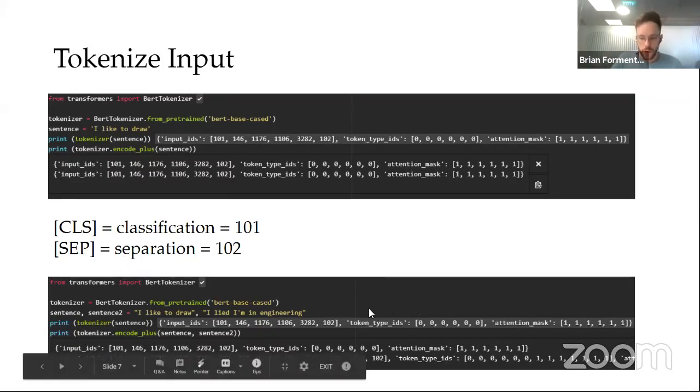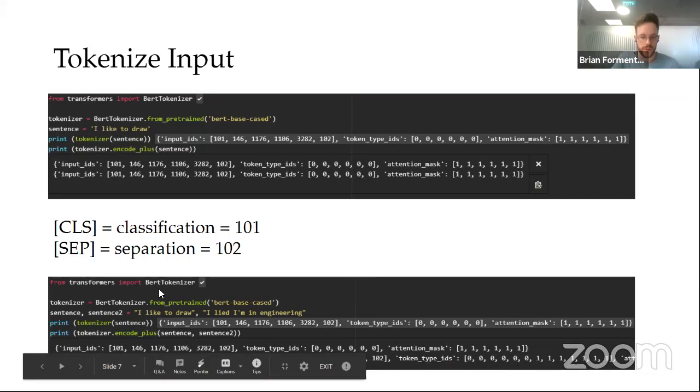Now, as I mentioned, I wanted to go back to the token type IDs. This is reserved for when you have two sentences. So let's say you have sentence 1, which is I like to draw, and then sentence 2, like I lied because I'm in engineering. Then you would pass this through encoder plus, which is this one. And as you can see, you have token type IDs, which are both zeros and ones.